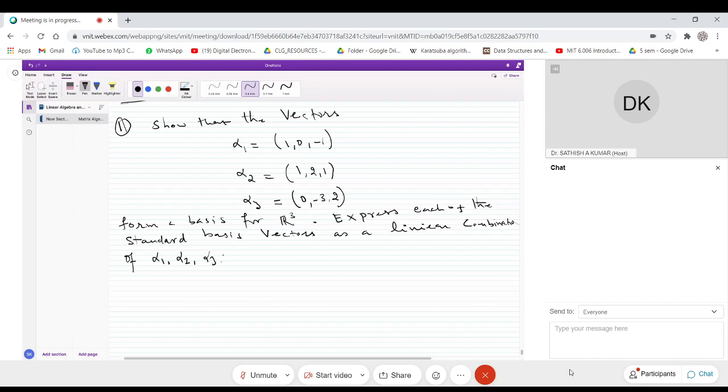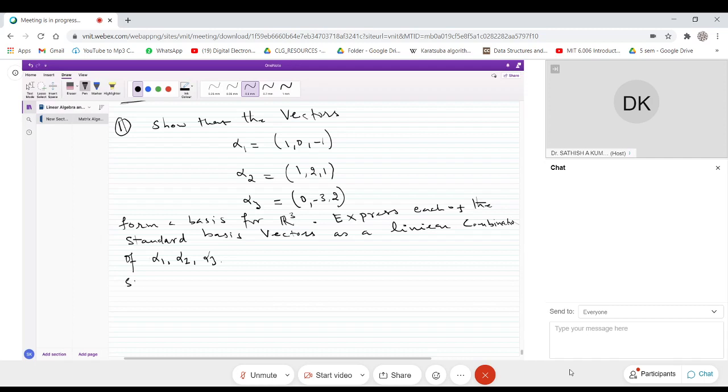Okay, so what we are going to do, of course, the matrix approach we have not used to do well, but we may use those concepts here. If you want to show that vectors are linearly independent, it is sufficient to show that this matrix of alphas is invertible. If it is an invertible matrix, then you can say that it is linearly independent. So that concept we can use here.